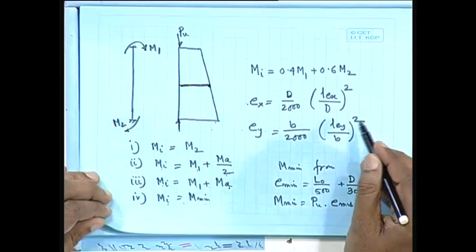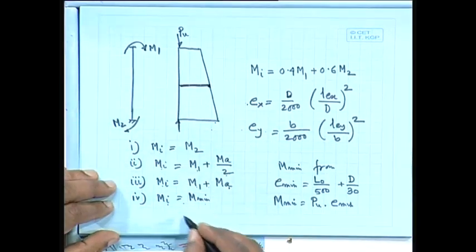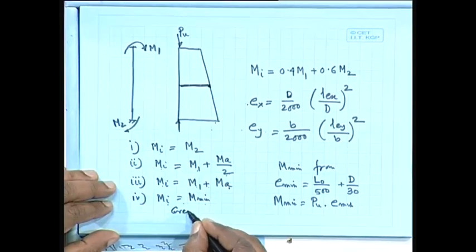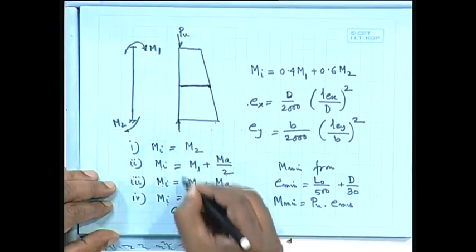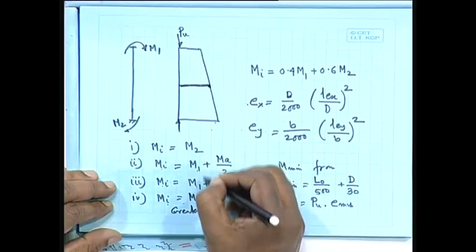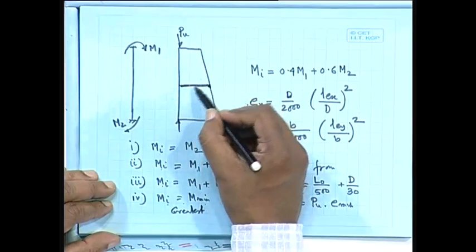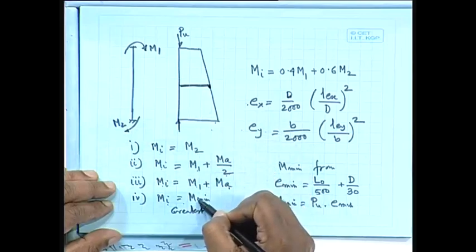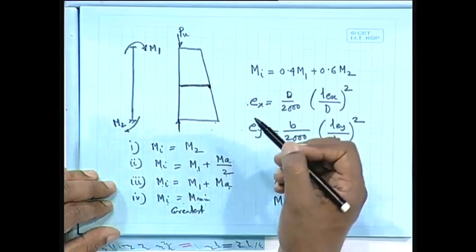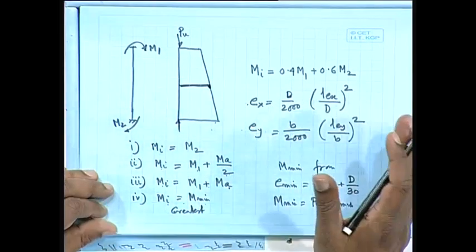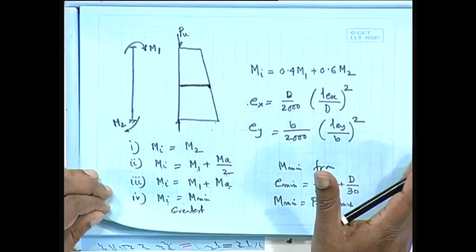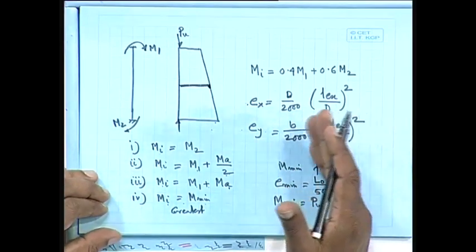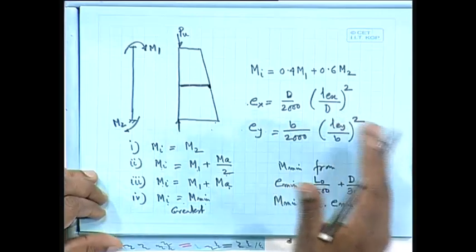Now the thing is, out of that we have to take the greatest one out of these 4, and that is the moment we shall take. Then the rest of the thing we shall do according to the design we have done, using SP16, that we can find out the design.